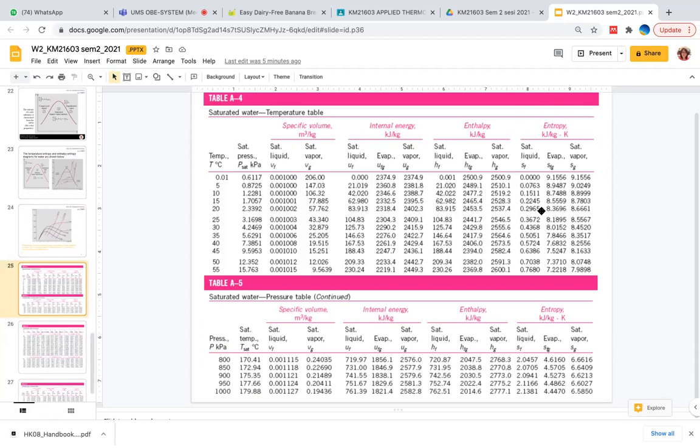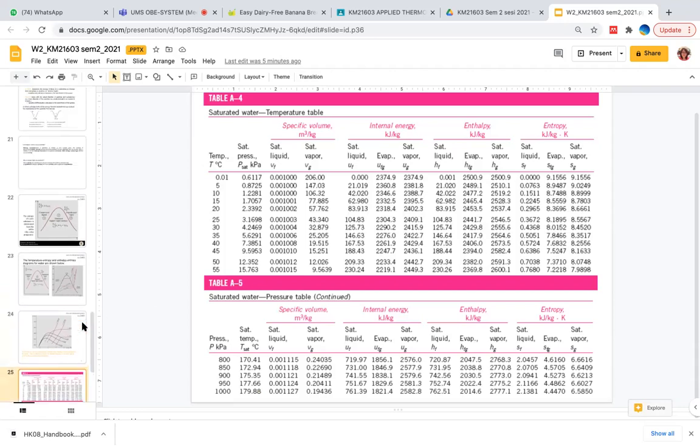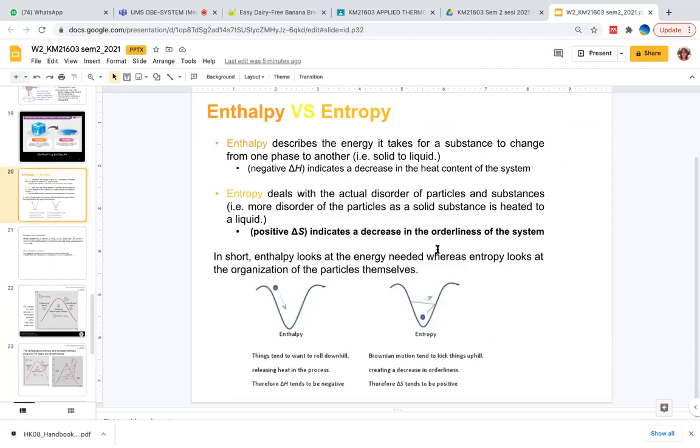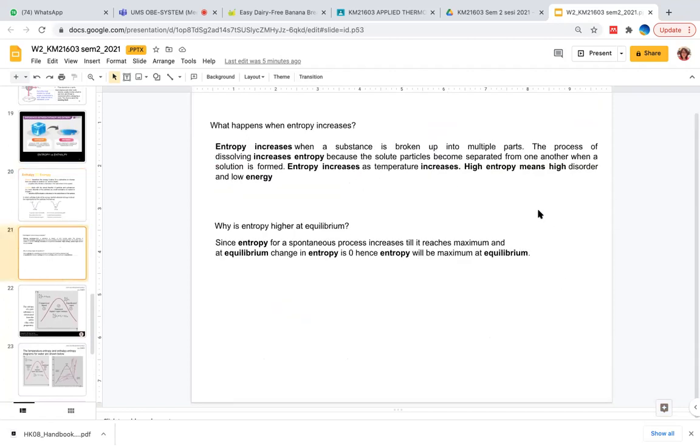If you look at it, as the temperature increases, the entropy increases. Can you see that? This agrees with what we have stated here. High entropy means high disorder. Entropy increases and the temperature increases.